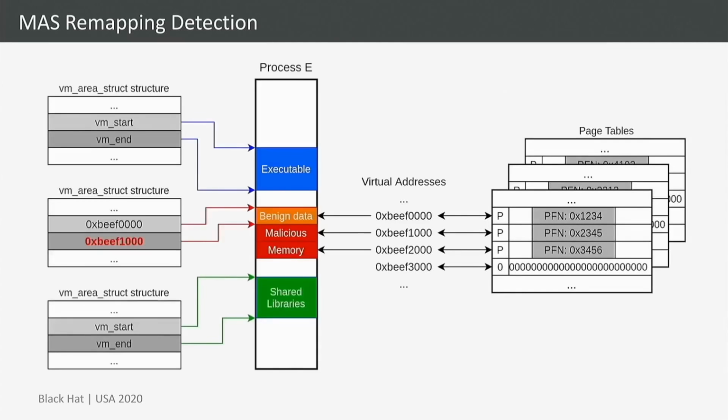We can use this information to check whether there are virtual addresses which are not described by a VM area structure but are valid. So in this case, we have two virtual addresses which seem to reference valid page frames, so there's actually memory content behind them, but they are not part of any MAS structure, so that's something suspicious which we alert on.